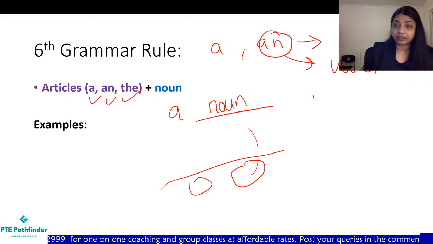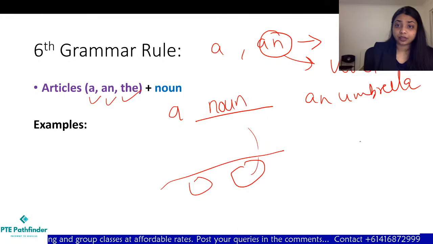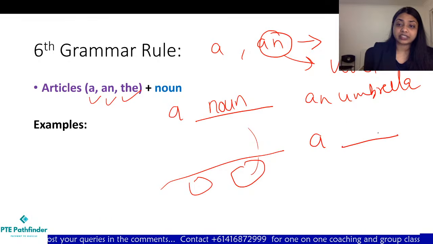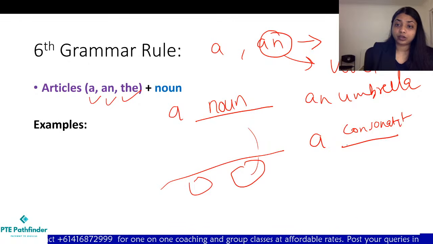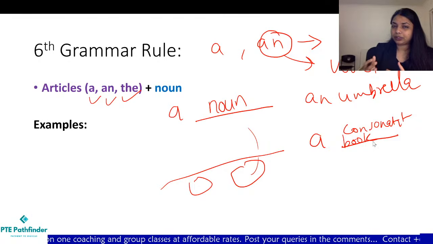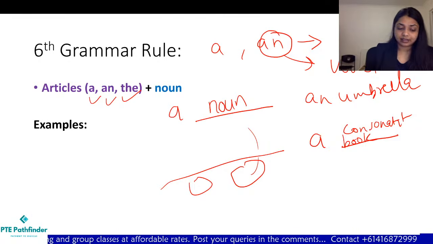So for example, an umbrella, right? And whenever you have a, it is followed by a word starting with a consonant sound. So for example, a book. So this can also help you in minimizing the mistakes and helping you to find the correct answer as well.